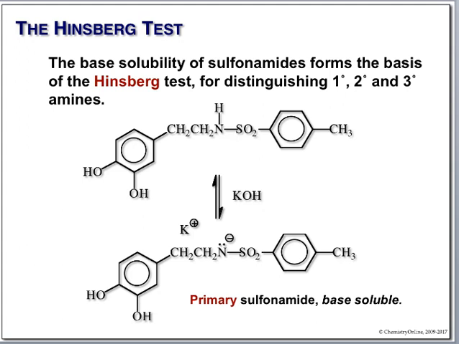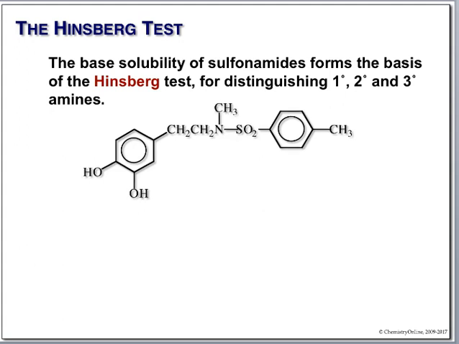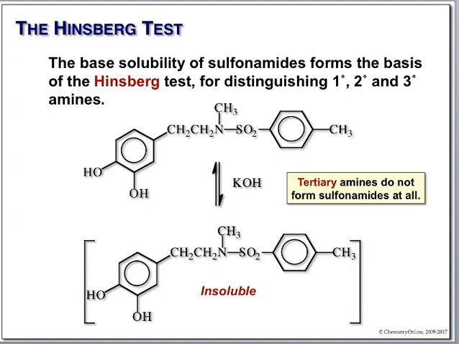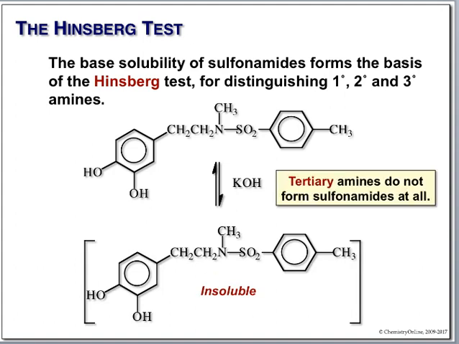Base soluble, primary amine. If, however, we had a secondary amine, there's no hydrogen. So it forms a sulfonamide, but does not dissolve. It just sits in the bottom of your tube as a little wad.